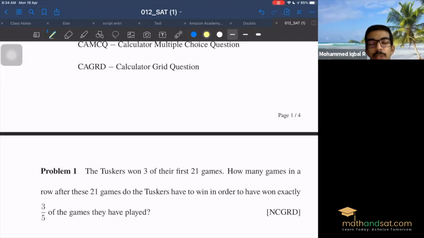Anybody has actually solved the question? Please let me know. Anybody has actually done the question? I mean, actually solved it. Hello. Are you guys with me? Okay. Listen carefully.